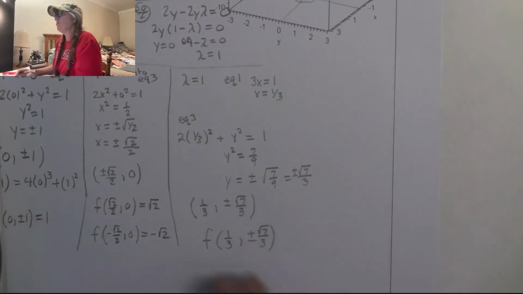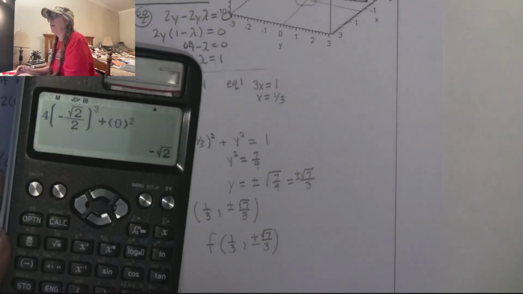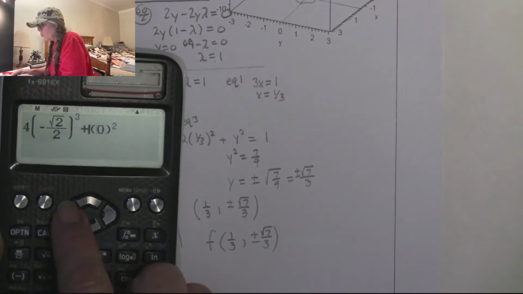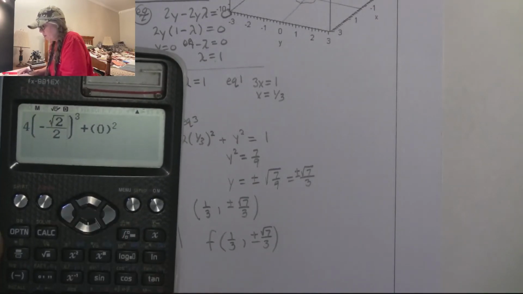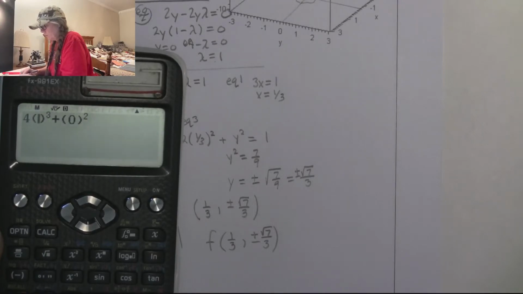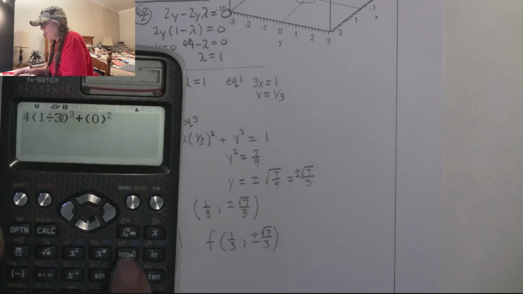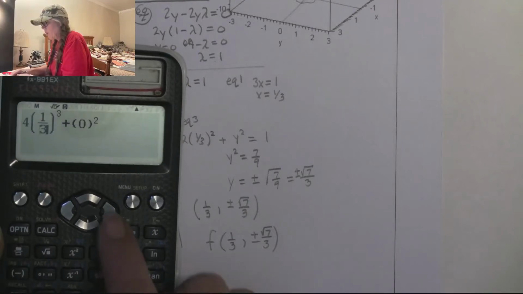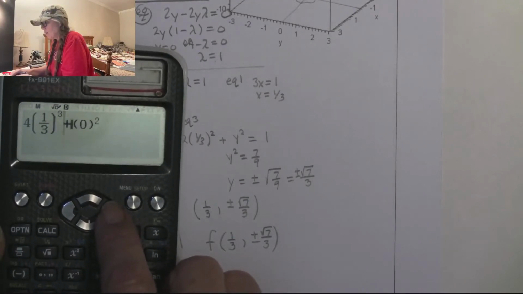I can do the plus or minus at the same time. They're going to be the same, so I don't have to worry. So I'm going to put in 1/3, 1 divided by 3. I got lazy and didn't put the fraction key. If it bothers you, do the fraction key, right? Either way, it doesn't matter.